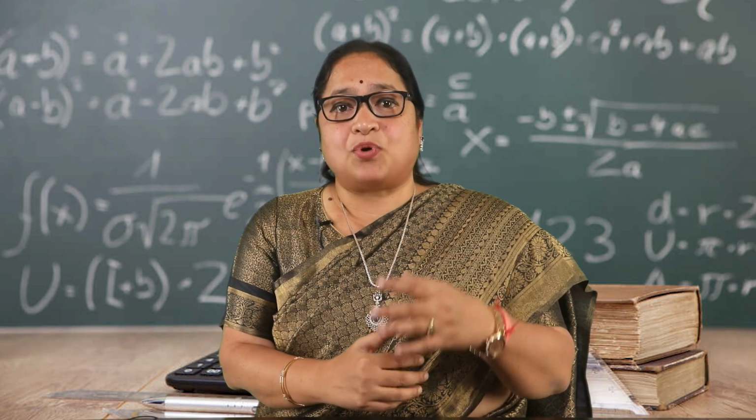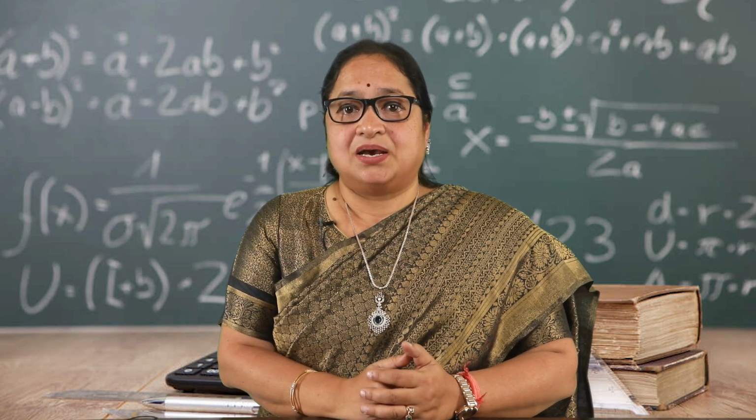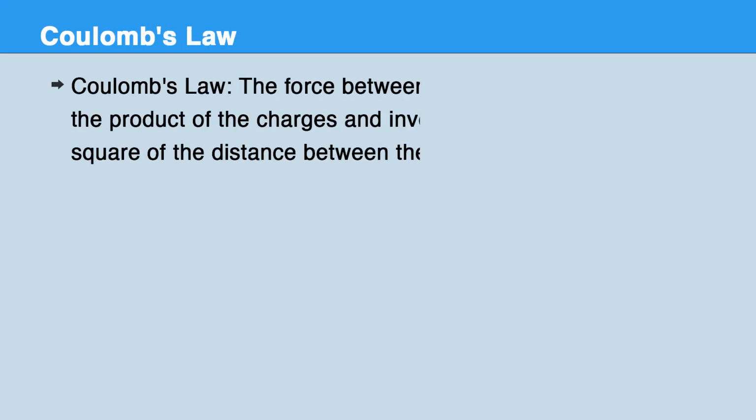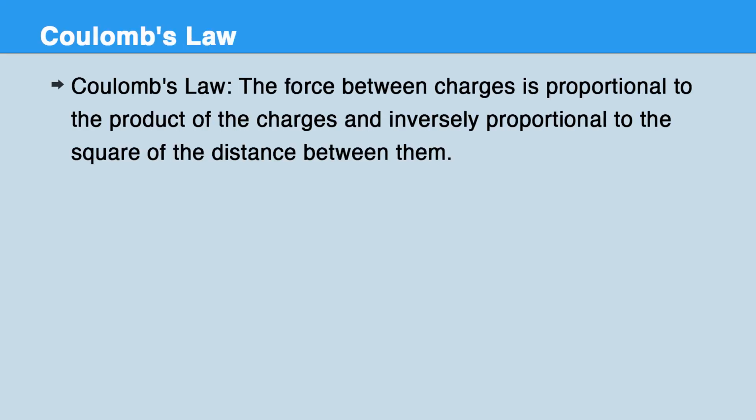Next, a very important concept in our electrostatics topic is Coulomb's law. What is Coulomb's law? Coulomb's law quantifies the force between two point charges. The force is directly proportional to the product of the charges and inversely proportional to the square of the distance between the charges.